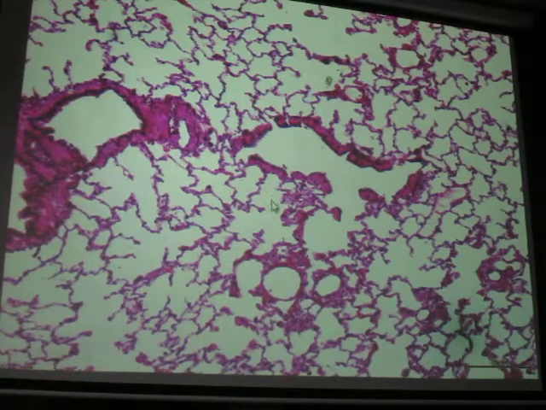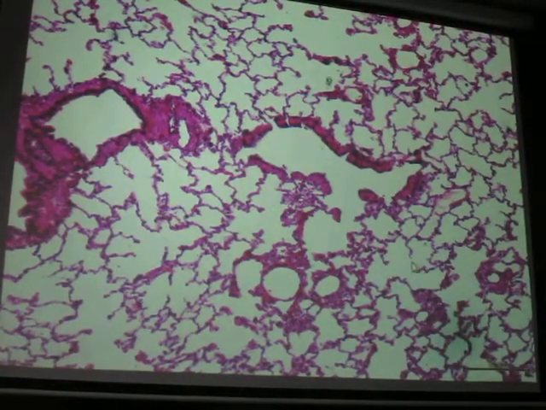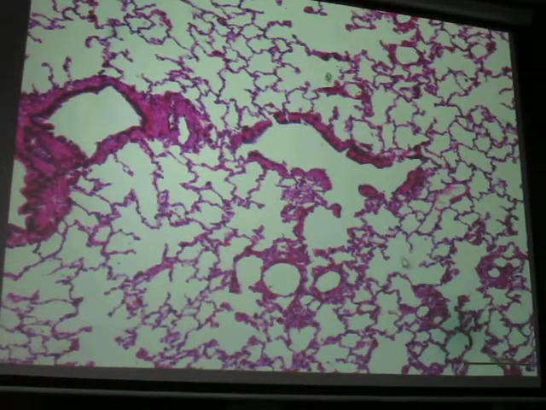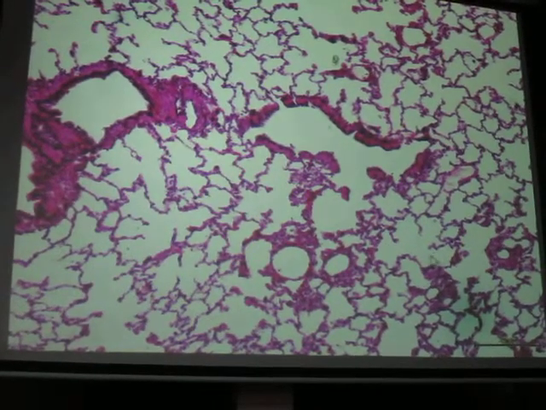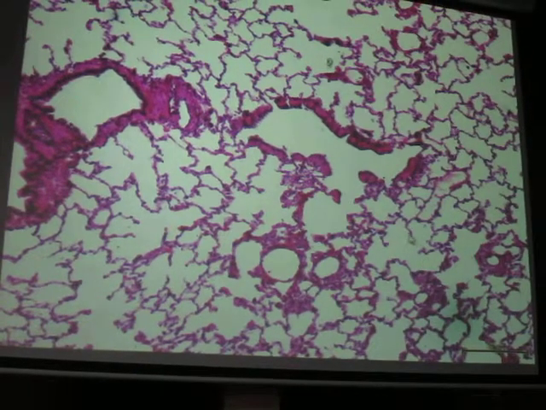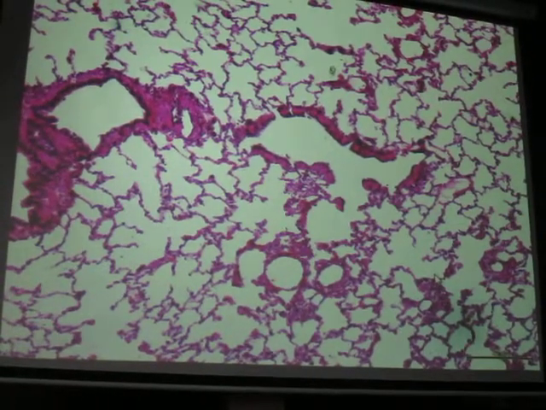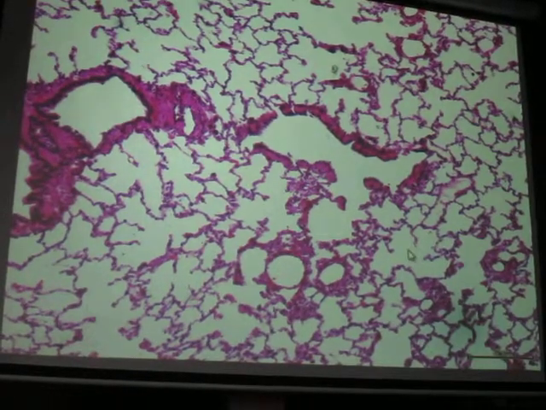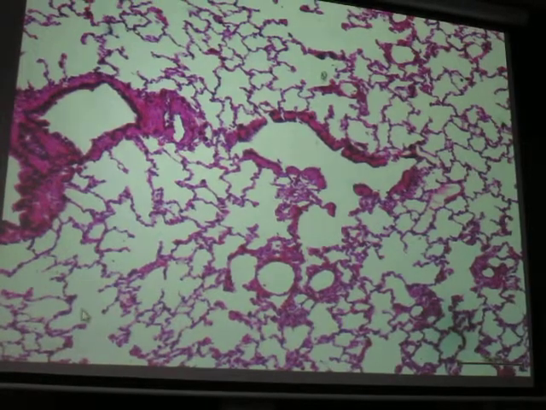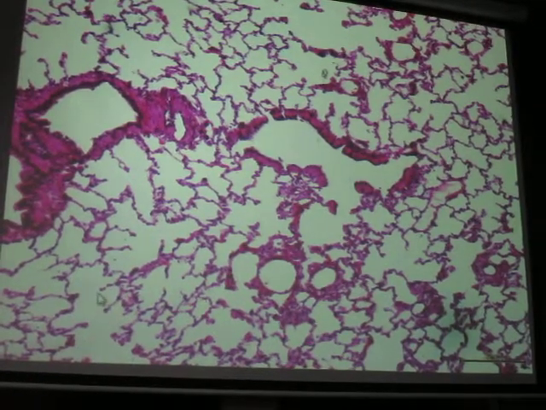Okay, how about this structure? Identify the bracketed structure, the pointed structure. Alveolar sac. Alveolar sac, because of the arrangement of your alveoli, circumferential, or it's like a clover or a flower. Okay, how about this on the lower left corner?